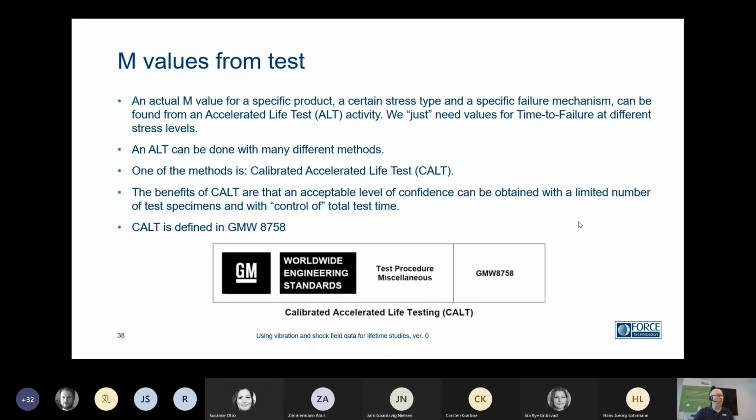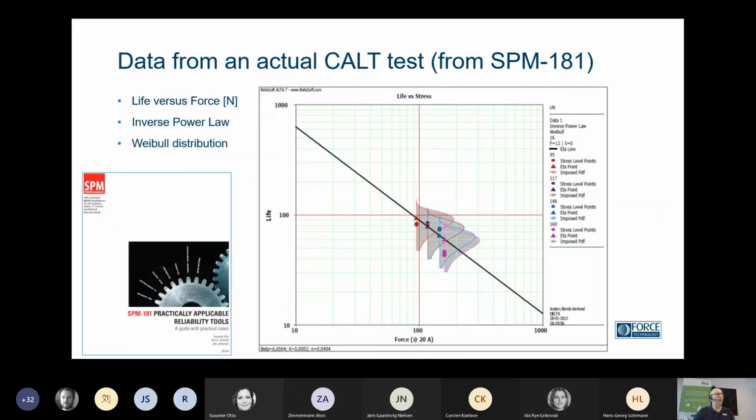Ideally, we should have hundreds of test specimens, but we can't often get that. With this method, I will not go into details, we have control of total test time. So we can plan that we will use a maximum of, say, 2 months for our lifetime study. But I will show an actual graph that can come from such a test.